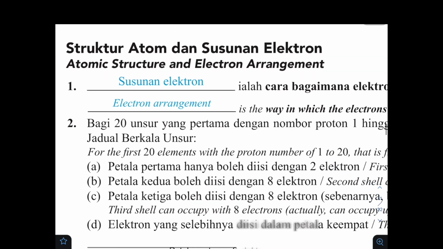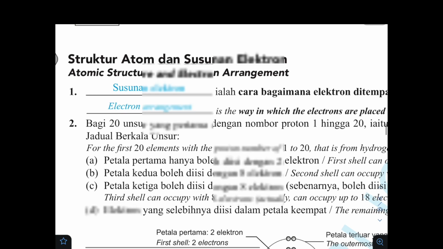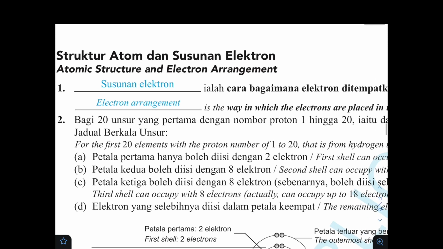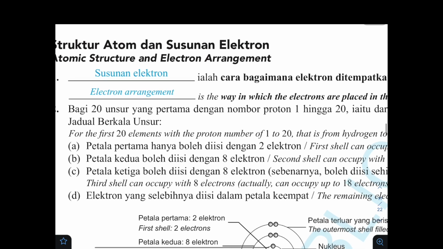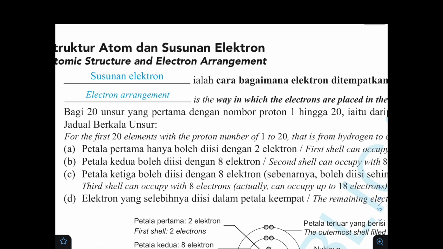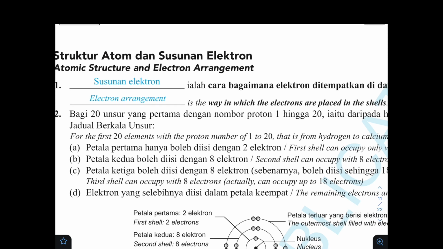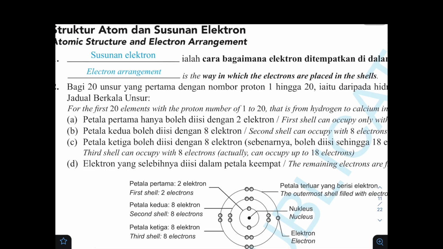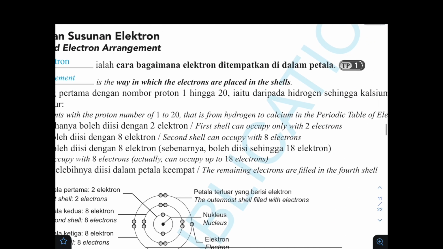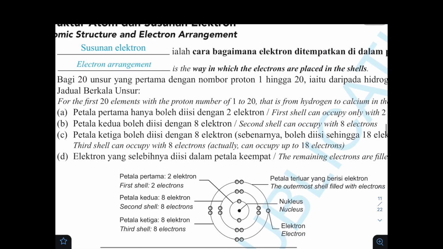Atomic structure and electron arrangement. So electron arrangement is the way in which the electrons are placed in the shells. For the first 20 elements with the proton number of 1 to 20, that is from hydrogen to calcium in the periodic table of elements.